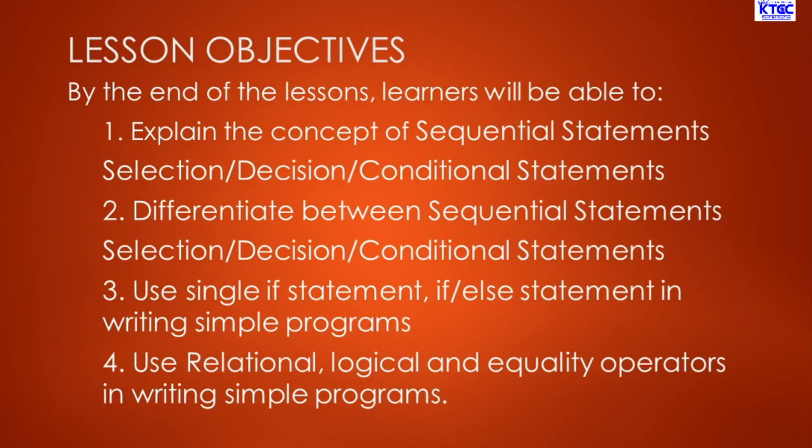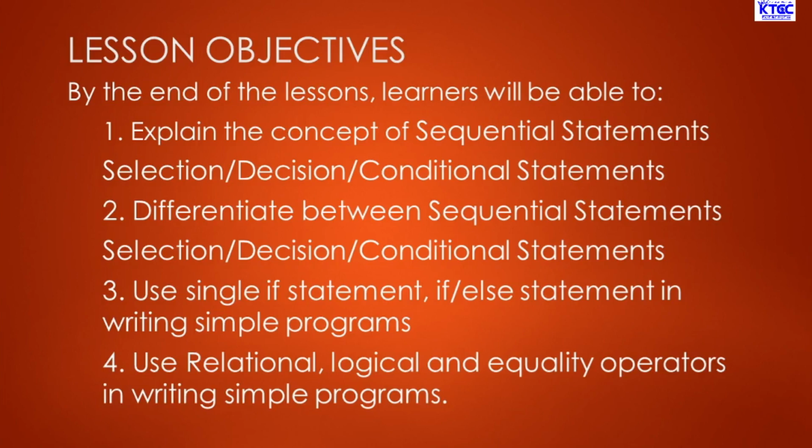So let's go ahead and look at the objectives. By the end of the lesson, learners will be able to, one, explain the concept of sequential statements and selection, decision, conditional statements. Two, differentiate between sequential statements and selection, decision, conditional statements.